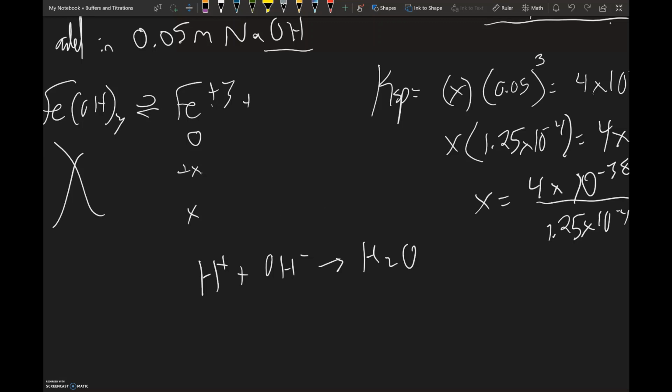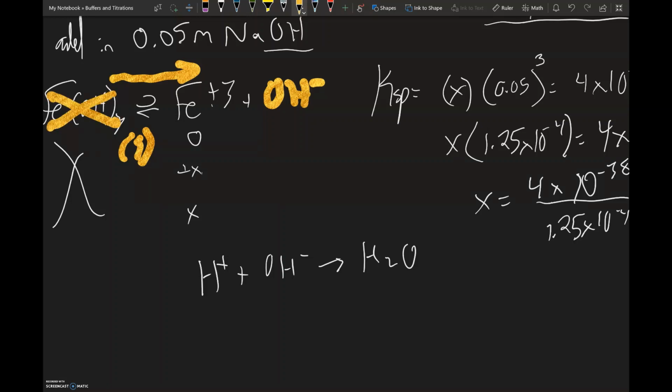As a result of that hole being left there, the equilibrium is going to bump it back up by shifting to the right. The more acid that you add, the more likely the solid that's left here is going to eventually go away, because you're going to neutralize all of it.